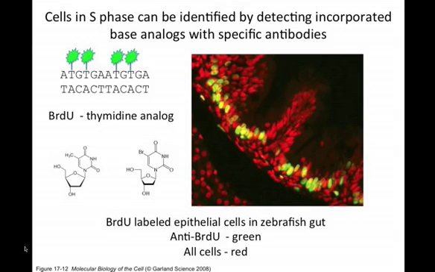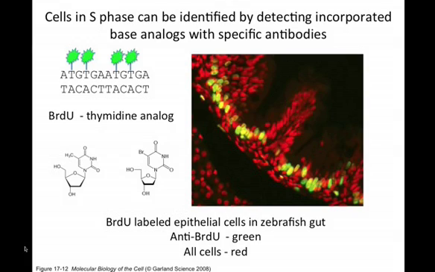Remember, DNA replication, you've got to get your bases from somewhere. So during S phase, you're going to incorporate all this BrdU into the cell, so all the newly made DNA is going to have BrdU, and then it will be detected by an antibody against BrdU.